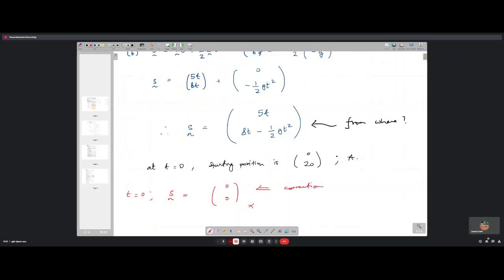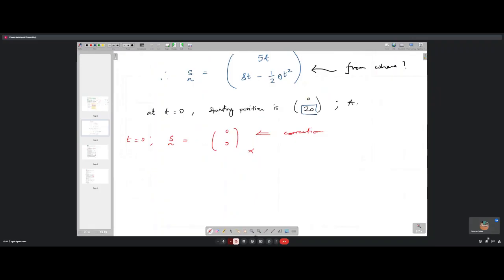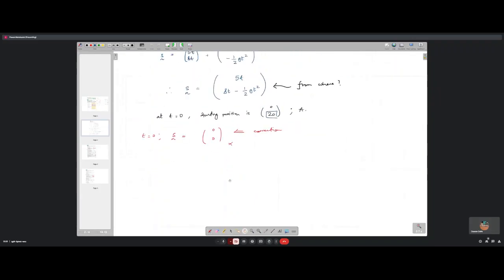So how much do we need to correct it by? Well, we need to correct it by 20 units. So we would need to add 20 to this bottom expression here. Let me just verify that would be correct. Yeah, so that's what they've done. They've added 20. Does that make sense, what I've done there?